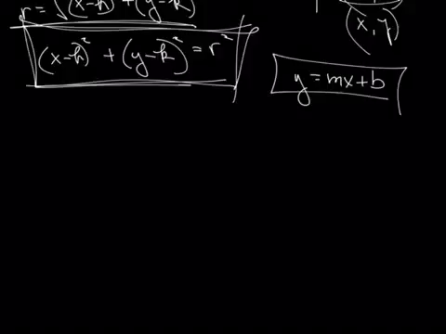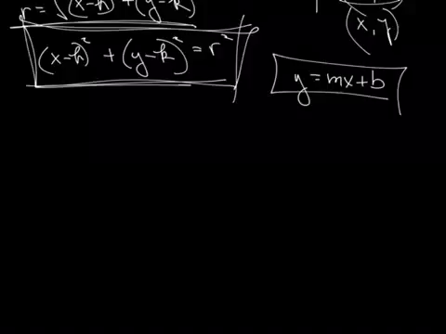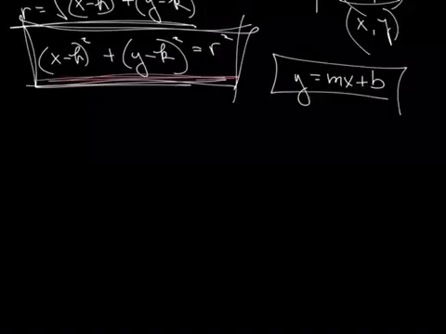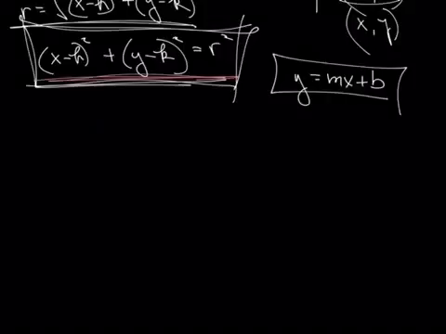All right, so example 10 says, find an equation of the circle having radius 5 and center (3, -7). We're going to look at this equation here and fill it in. Let's get another color here. All right, so what is my center? (3, -7).